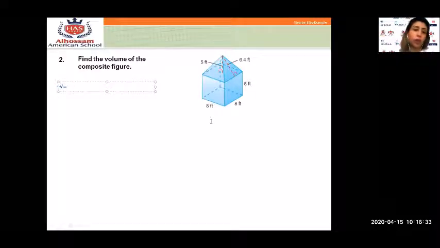Volume equals, what is the rule of the volume? Length times width times height. Perfect. And then 8 times 8 times 8.